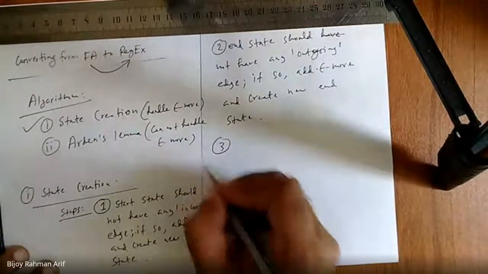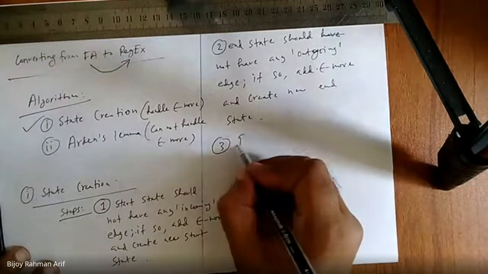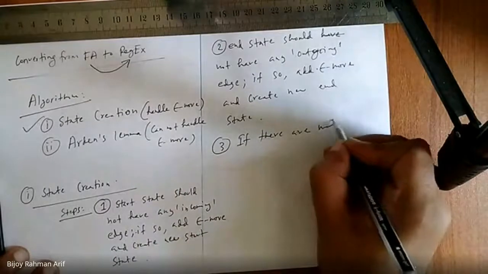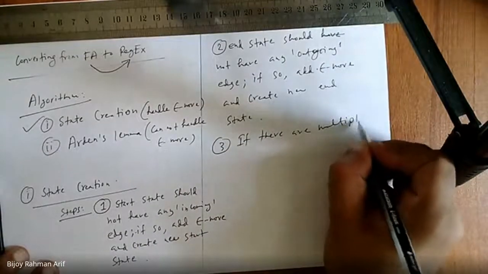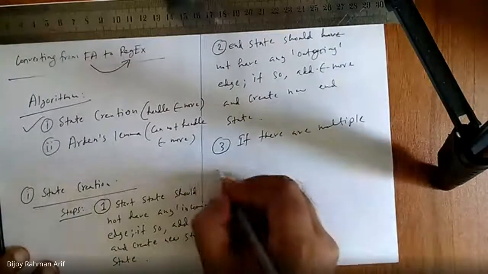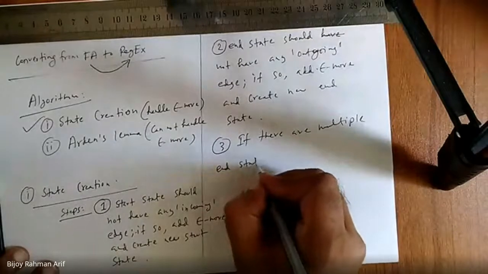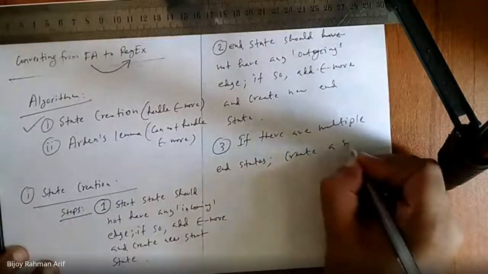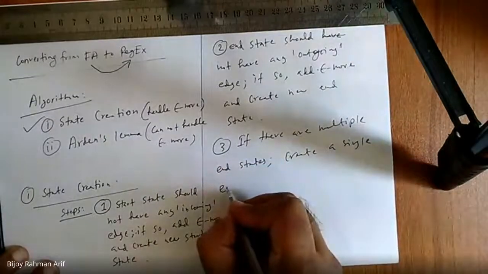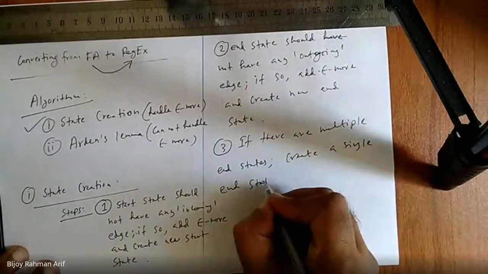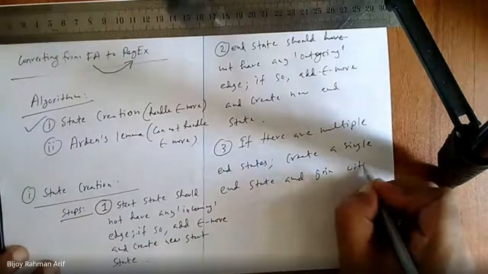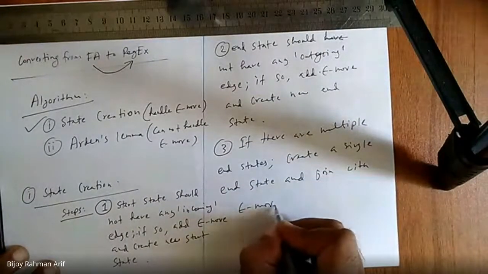Number 3: if there are multiple end states, create a single end state and join with epsilon moves.